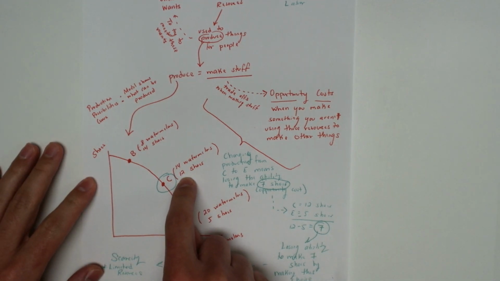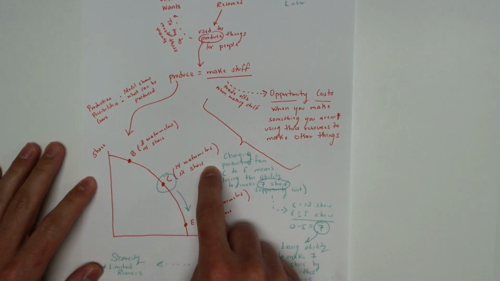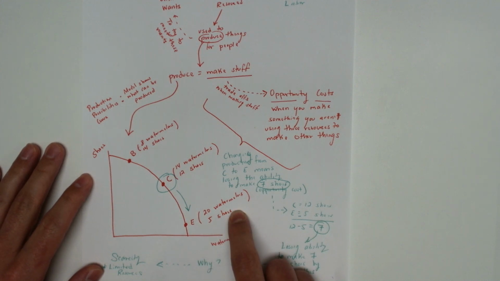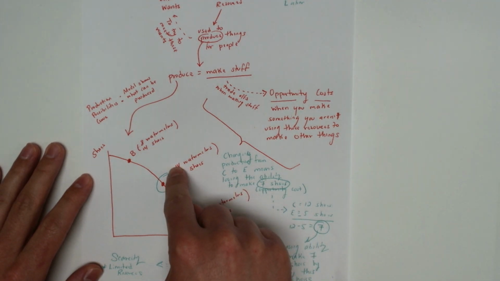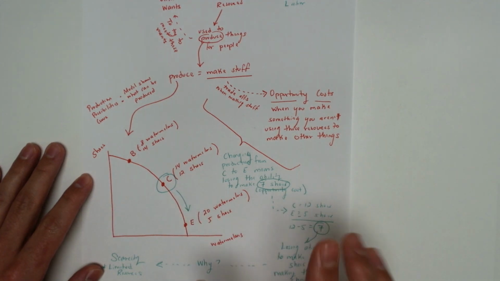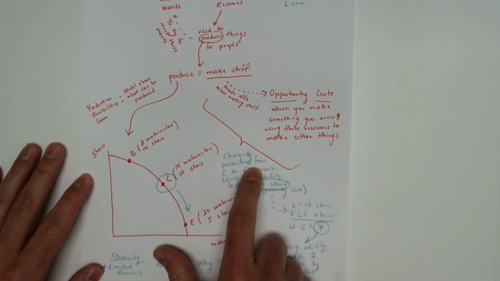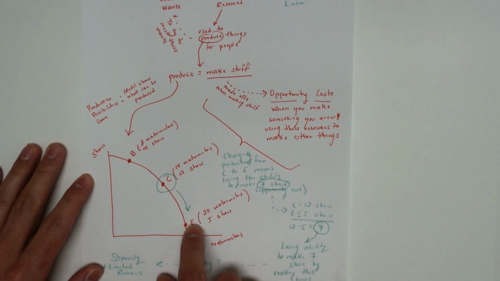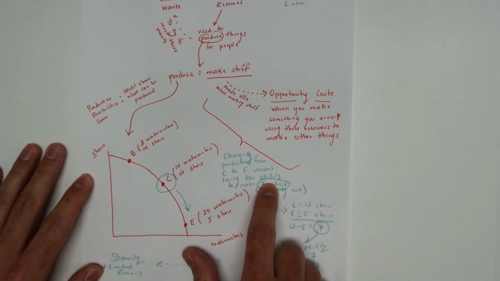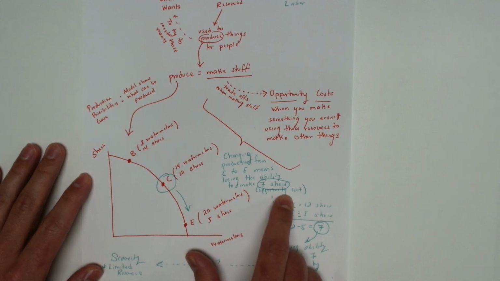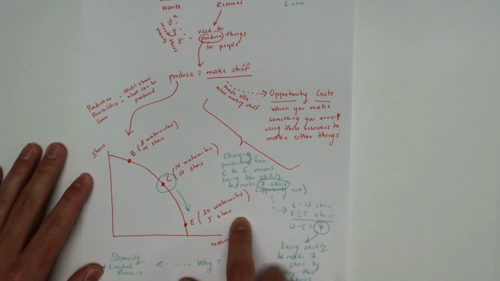So I went from being able to produce 12 shoes to only being able to produce 5 shoes. So this loss in the amount of shoes that I'm able to produce is my opportunity cost. And by changing production from level C to level E, I am losing the ability to produce 7 pairs of shoes, because I went from being able to produce 12 to now only being able to produce 5.